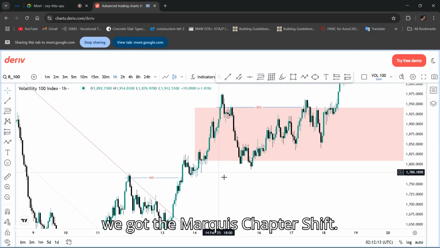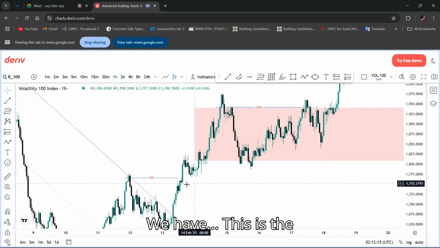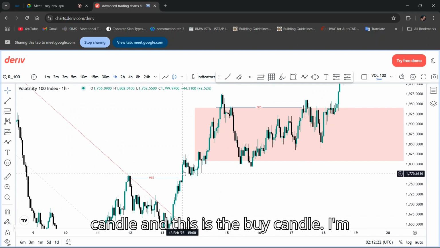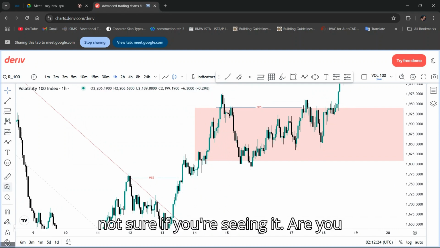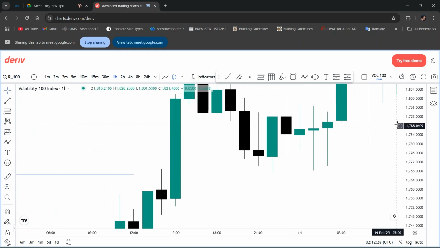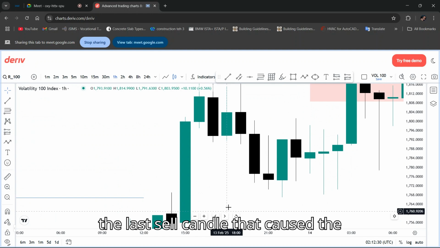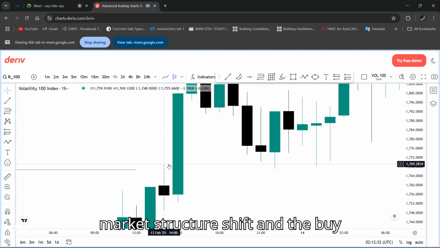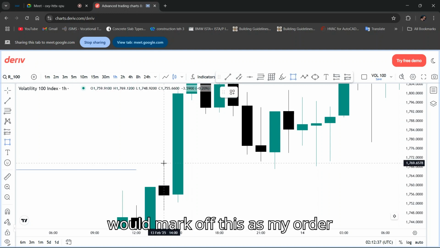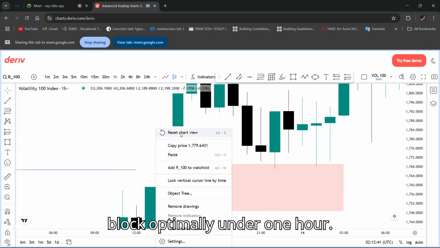After we got the market structure shift, this is the engulfing, this is the last sell candle, and this is the buy candle. I'm not sure if you're seeing it. Are you seeing it? This is the last sell candle that caused the market structure shift, and the buy candle. So I would mark off this as my order block optimally on the 1 hour.